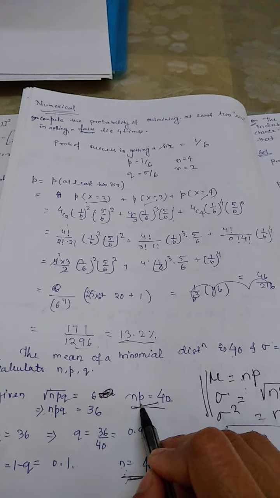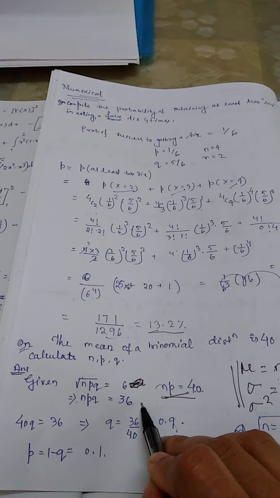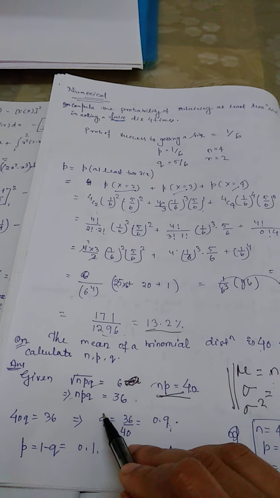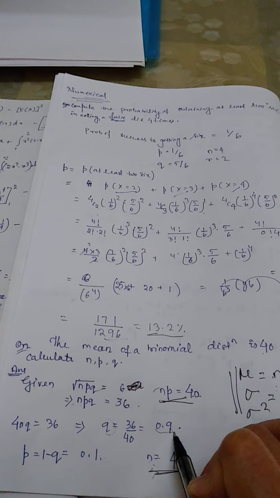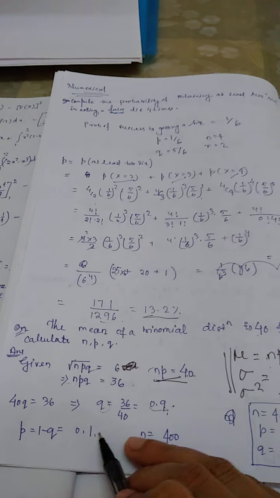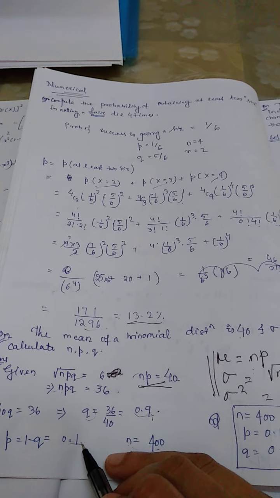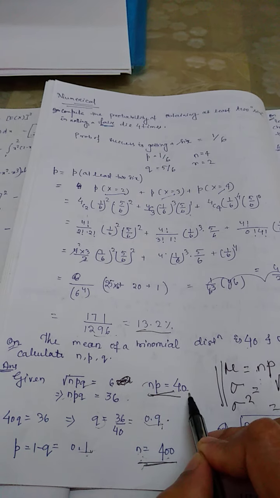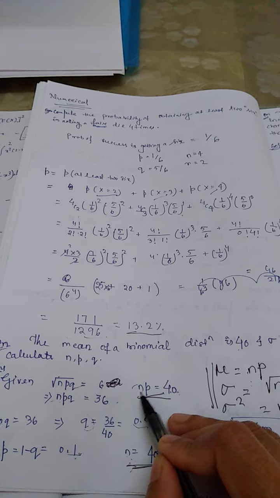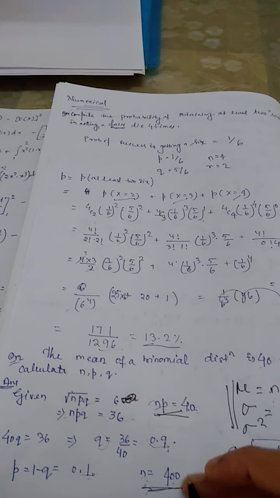So you have np equal to 40 and npq equal to 36, from which we can easily calculate the q value. q is equal to 0.9. If the probability of failure is 0.9, then what will be the probability of success? 1 minus q, that is 0.1. Now q and p are known to you and np is also known to you. Then we can easily calculate the n value. n is equal to 40 divided by p.